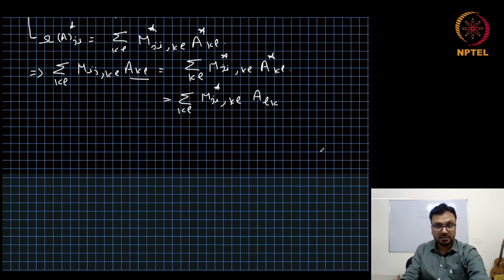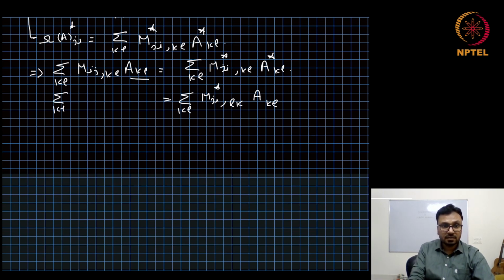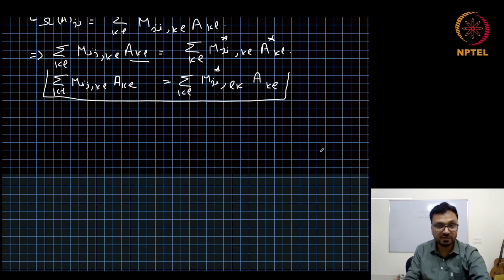So this is the case. Since K and L are dummy indices, we can interchange them here, LK, and we have to interchange here also, KL. Now we have IJ, KL, A_KL. Now this is the final equation we have, not final, but almost final equation.